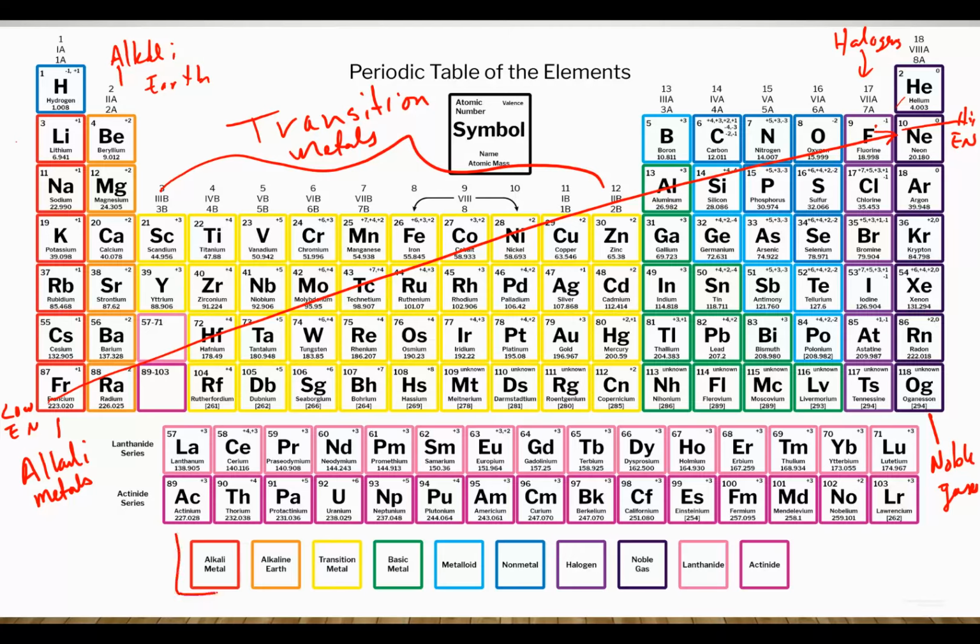I will, by the way, block out this here that tells you what each of the groups are, because obviously that would make it so you didn't need to know that.